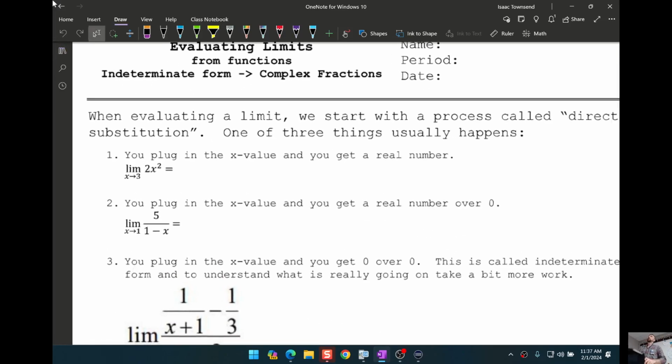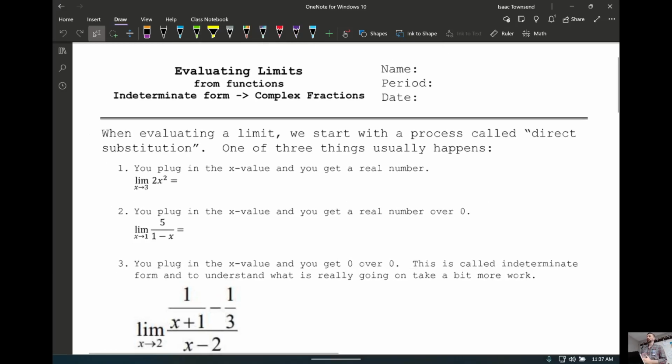Okay, so day one we talked about limits and what a limit looks like from a graph and/or a table. Then day two we started talking about 0 over 0, which was called indeterminate form, and how to deal with that.